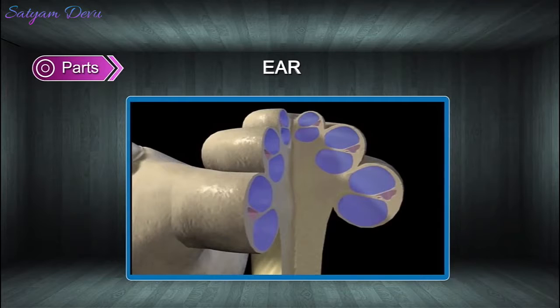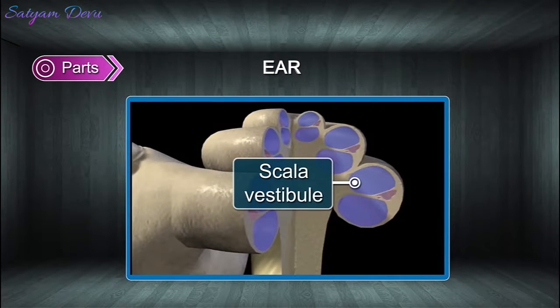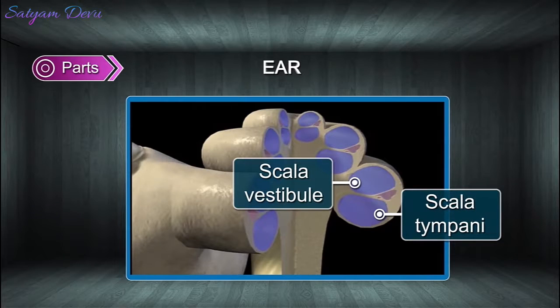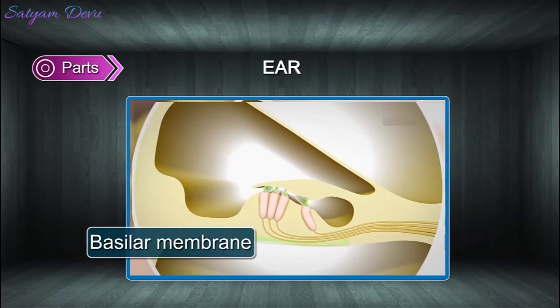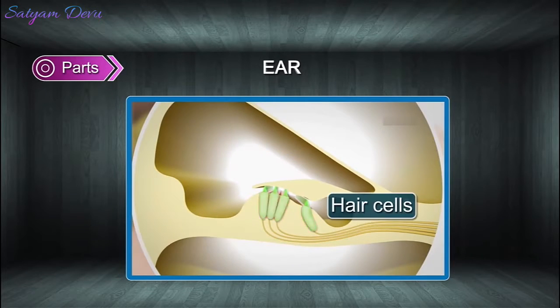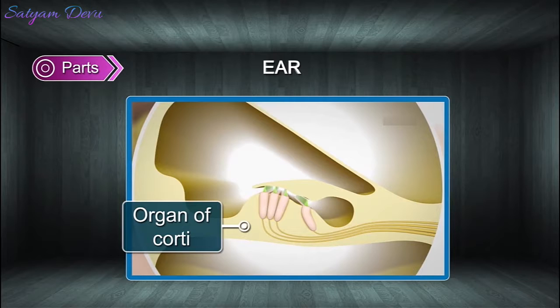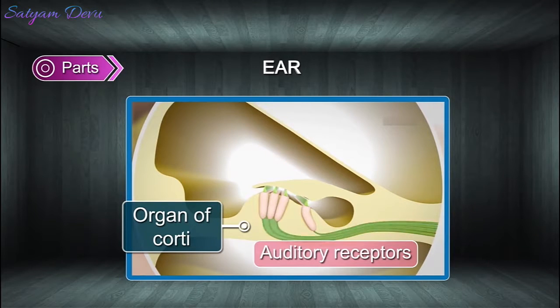The other two compartments are scala vestibule and scala tympani. It contains perilymph. The basilar membrane gives rise to 4 rows of hair cells. On the basilar membrane, organ of Corti is located. The organ of Corti contains auditory receptors.